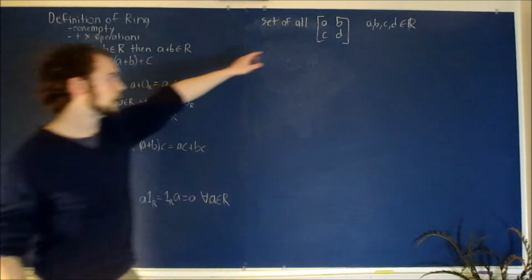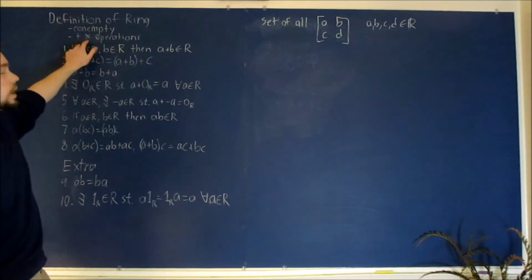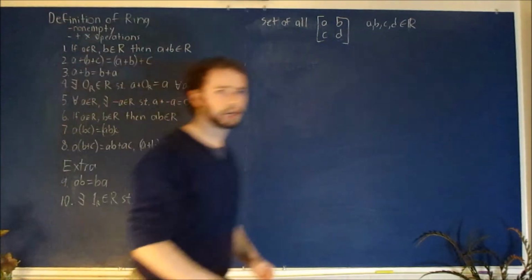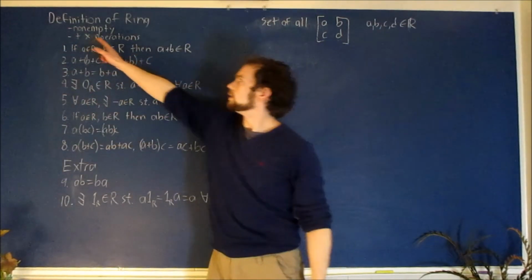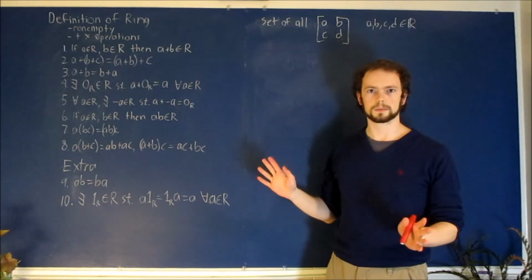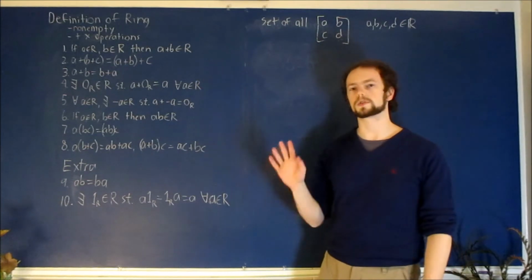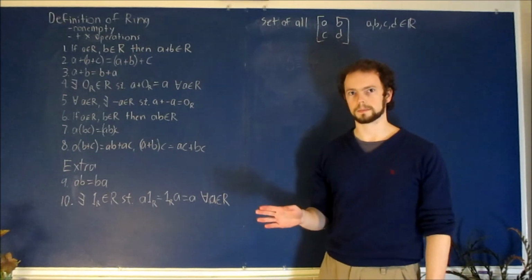For this ring, the operations, we still have this idea of addition and multiplication. But the addition here is going to be element by element addition, normal matrix addition, and the multiplication is going to be matrix multiplication.